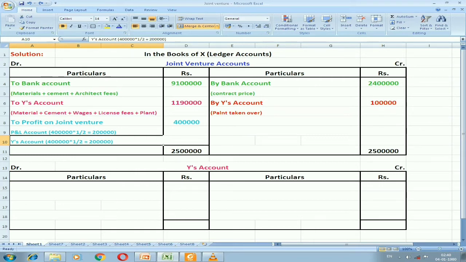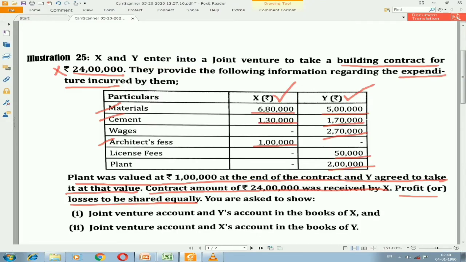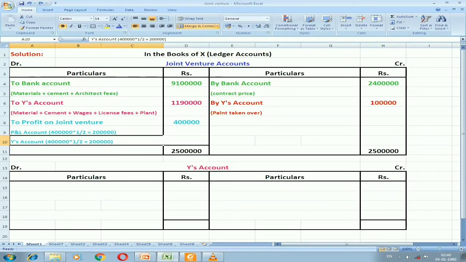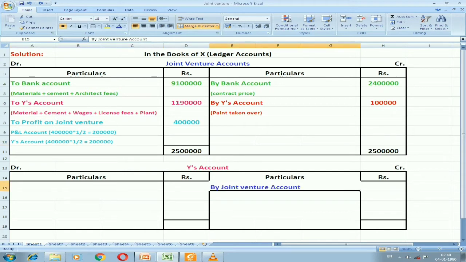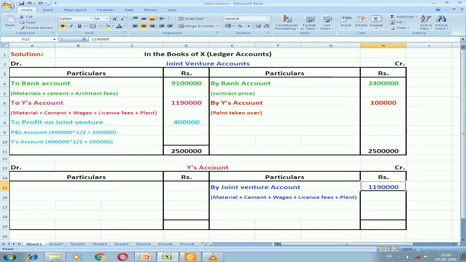Now after completing the joint venture account, we are supposed to record Y's account. When preparing Y's account, just transfer the entries related to Y that we recorded under the joint venture account. First, on the debit side, we have joint venture account with the same amount and same reason.